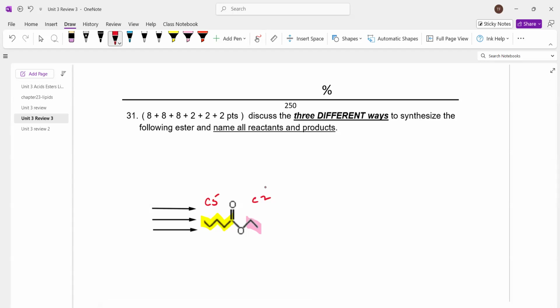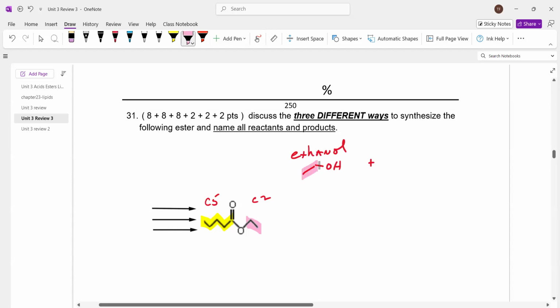So we need to combine ethanol, which is the alcohol, plus a 5-carbon acid.